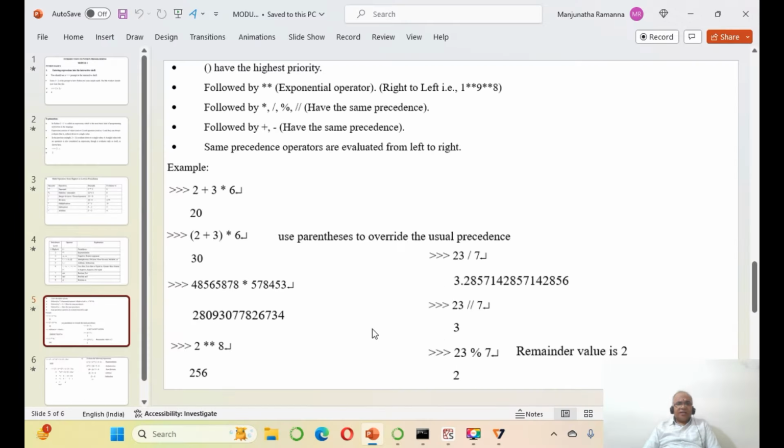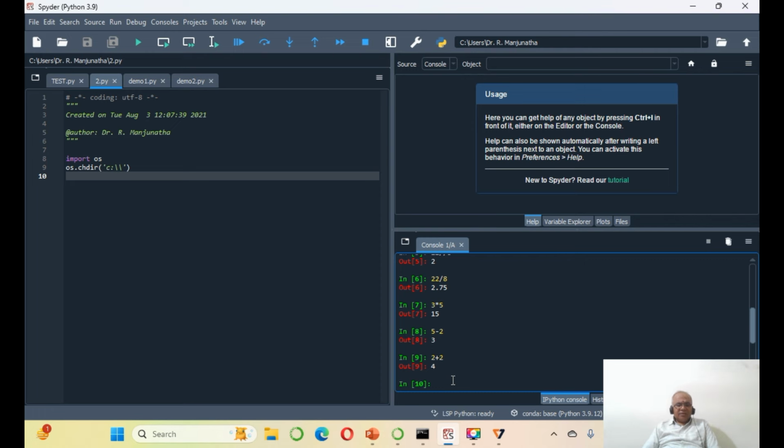Let us just take how it will be executed here. First case, I will take 2 plus 3 star 6. You are going to get it as 20. Again, you are going to use the same expression with a parenthesis. So parenthesis will have the overriding priority. So you are going to get 30, the same expression.